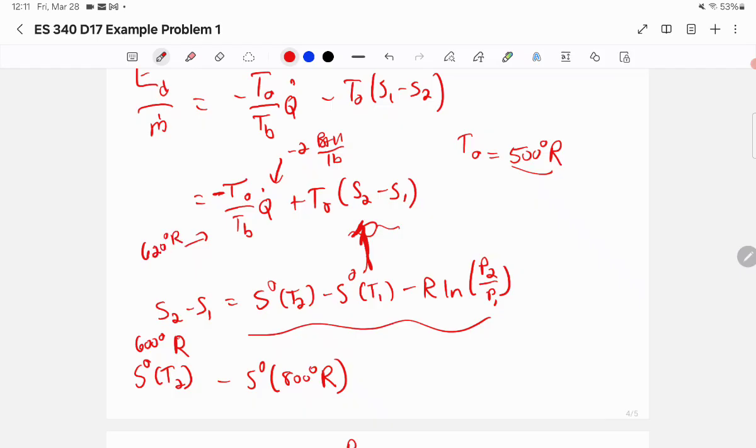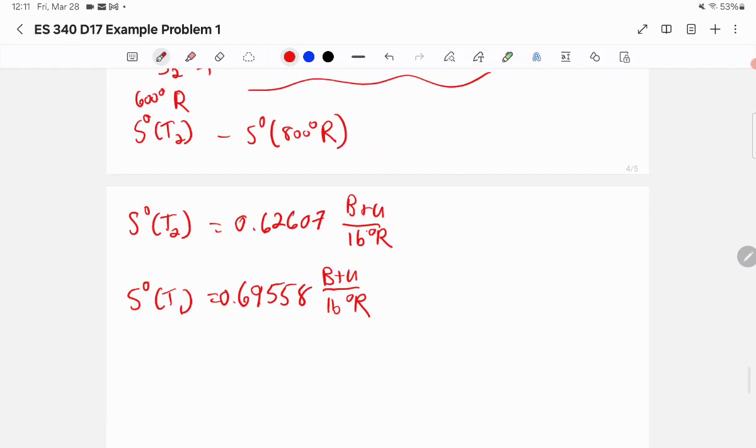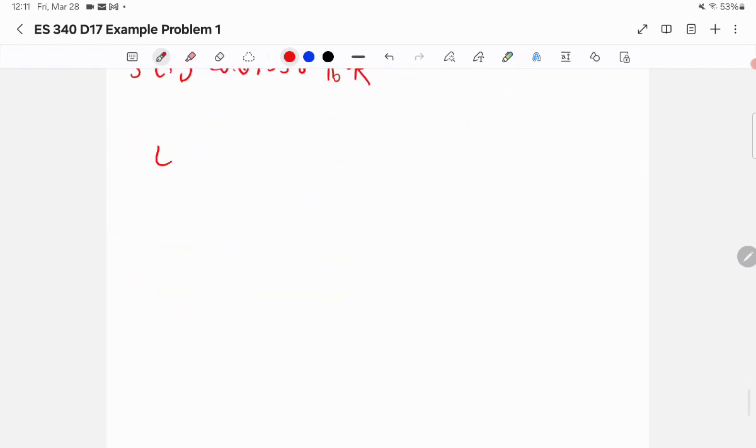So we have all of those values, and if you substitute them all in, you should find that Ex_D dot over M dot is approximately 22.01 BTU per pound.